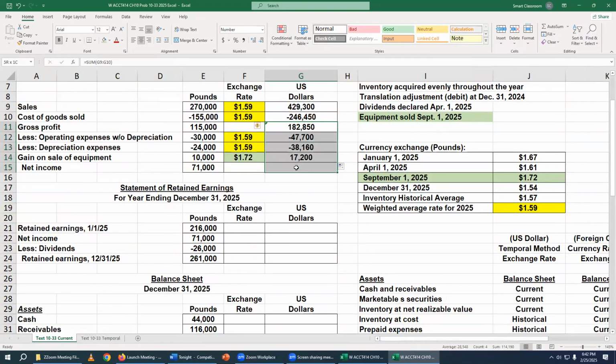We're going to do auto sum. Now remember, this is only coming from here down. So 114, 190. Okay, this will come down here too.